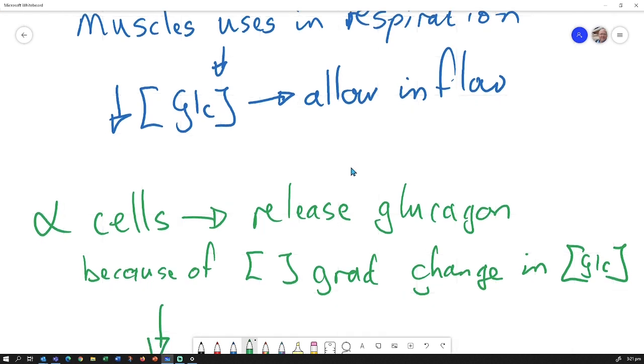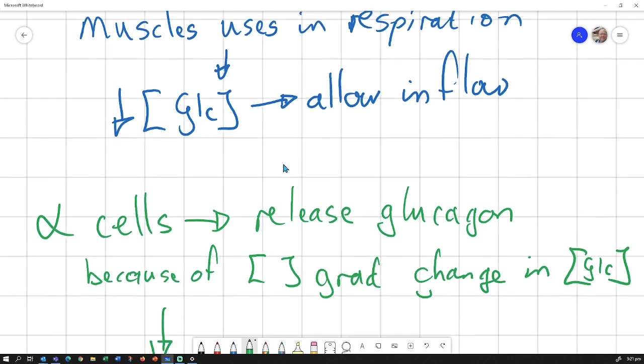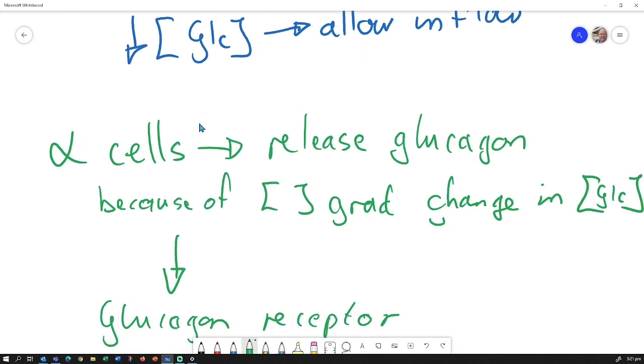Okay, but now in a normal case, you have just eaten. Now all the glucose is being taken out of the blood. It's being used and so forth. And because the glucose is now out of the blood, your alpha cells back in the pancreas notice that, hey, the blood suddenly has a lower concentration of glucose than what I have inside my cell.